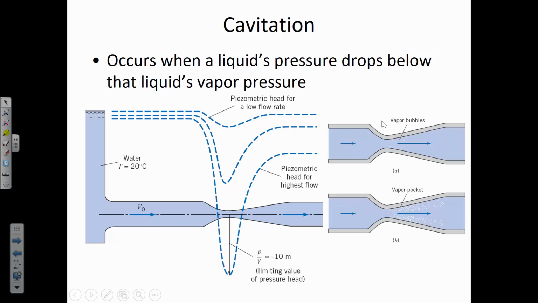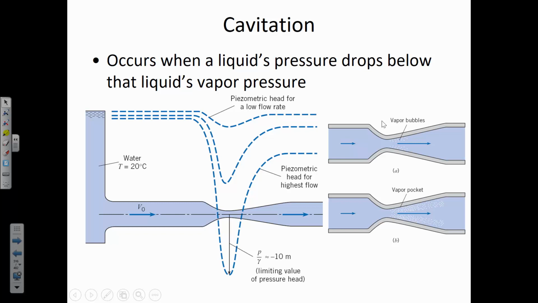So what happens is when the pressure is really low inside of a pipe, the liquid starts going to the vapor phase. It starts to boil, in other words. It's not hot; it's just that because the liquid itself has a really low pressure, the water can start to go into the vapor phase.